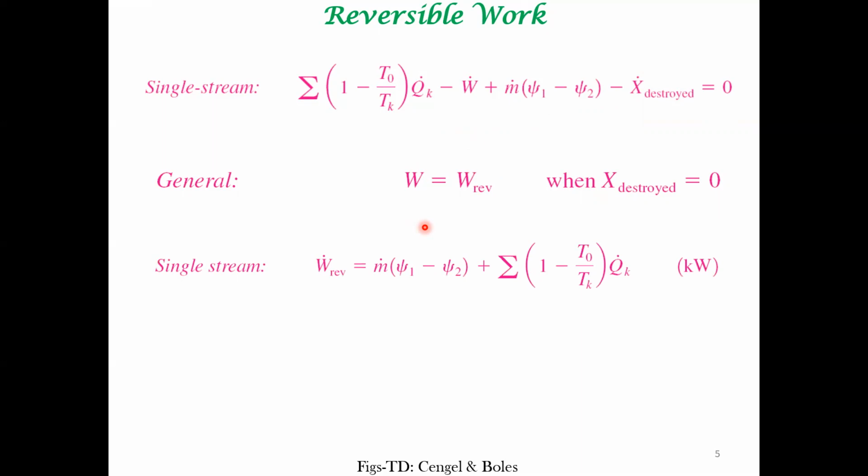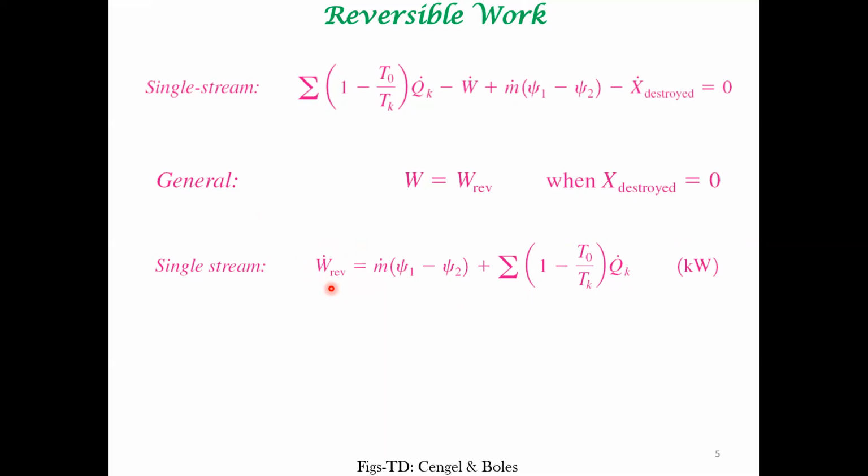So the reversible work is equal to incoming and outgoing exergy, and because of heat interaction, heat transfer, there is exergy transfer. So this gives us a bound for maximum work that can be obtained when the system is operating in a reversible manner.